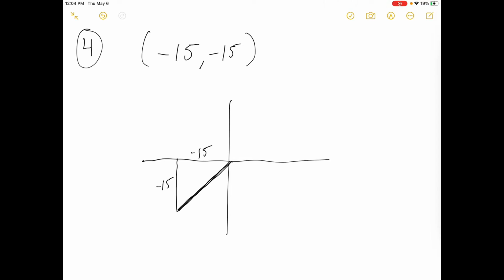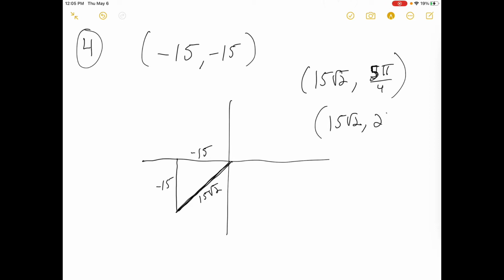And also the hypotenuse would be my leg times root 2, or just 15 root 2. And so the radius will be 15 root 2, and the radian would be 5 pi over 4, or the degree would be 225 degrees.